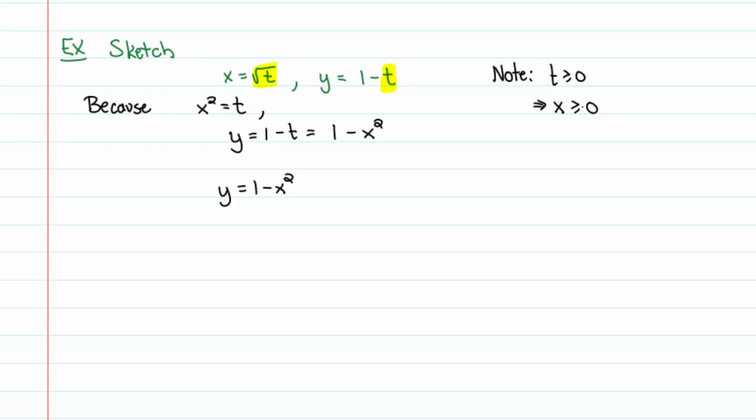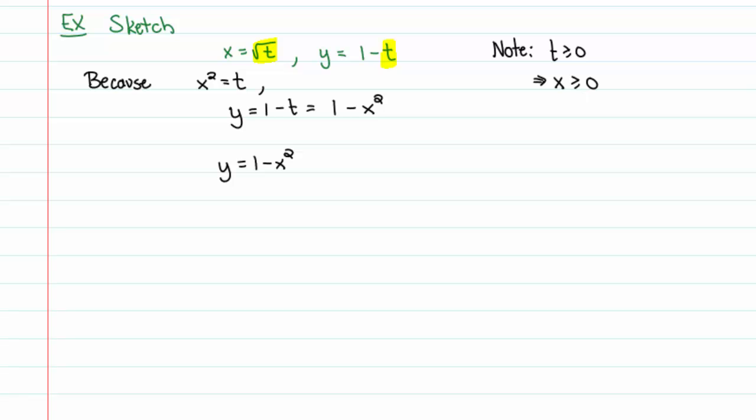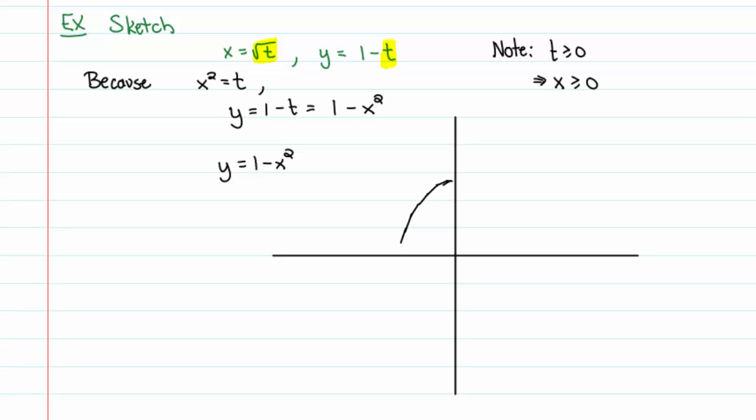So what I'll do is I'll initially graph y equals 1 minus x squared, and then I'll erase where the time values are negative or where the x values are negative. So this is a good way to graph this. In fact, I could just keep that there. It's an upside down parabola lifted 1 unit. I'll just pretend as though that's 1 unit. So it looks something like this.